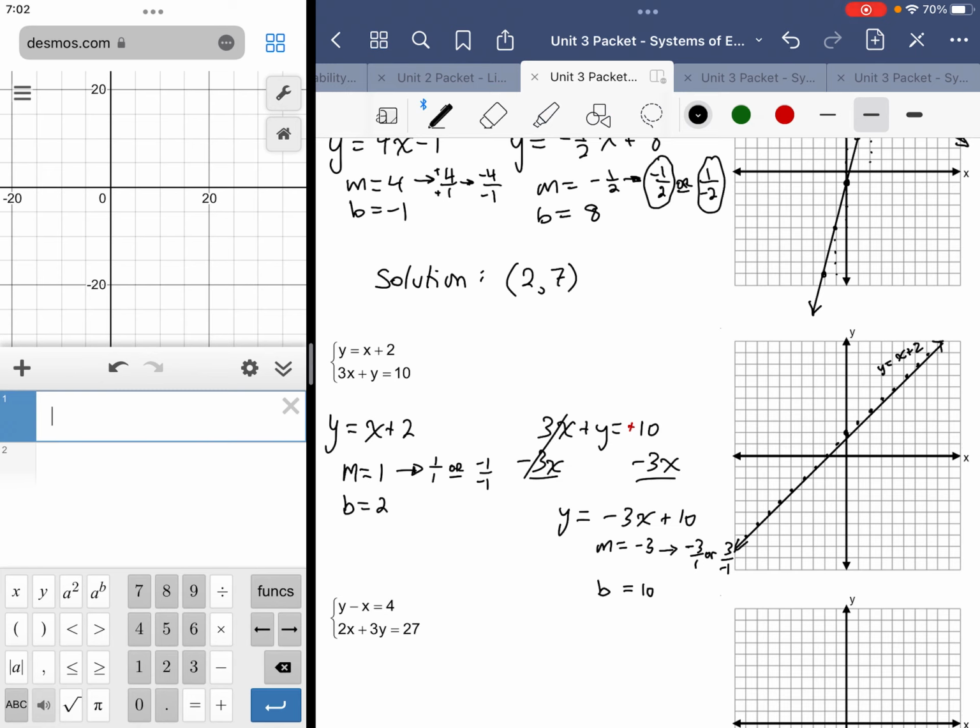Draw the other line, so that would be a y-intercept of 10. 3, 4, 5, 6, 7, 8, 9, 10. So it's right at the top. Down 3 or right 1 seems to make the most sense, and that actually gets you to your intersection pretty quickly. Nice straight line, although it didn't look like it was going to be that way, but it ended up being that way because of autocorrect.